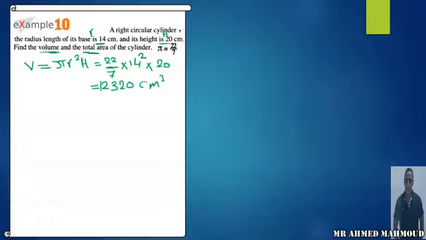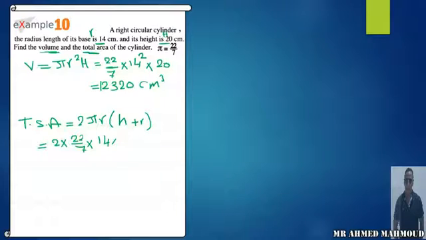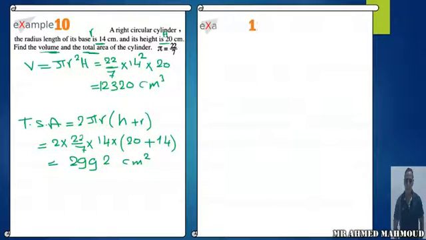And next we need to find the total area, which is equal to 2 pi r open bracket h plus r. It equals 2 times 22/7 times 14 times open brackets 20 plus 14. This one equals 2,992 centimeters squared.